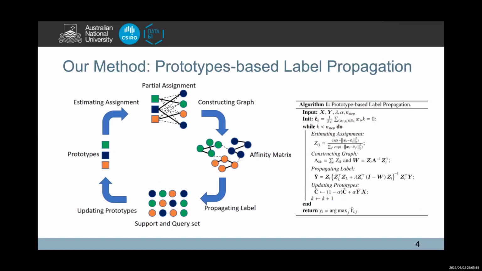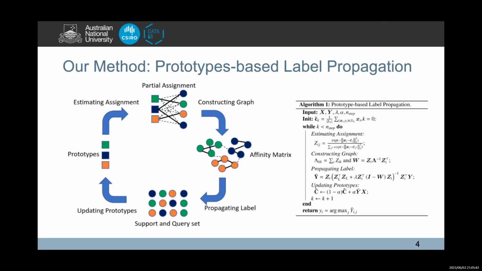So, how can we avoid the above pitfalls of transductive few-shot learning by unifying prototype and graph-based methods into a framework? In our paper, we propose prototype-based neighbor propagation. Our method can work with a generic feature embedding trained on the base classes.